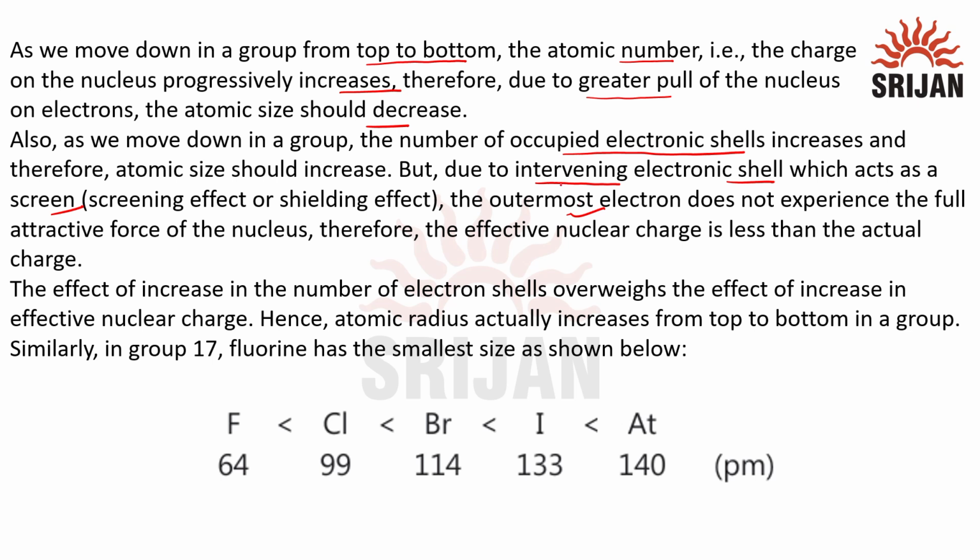Therefore, the effective nuclear charge is less than the actual charge and hence the atomic radius increases down the group. So here we can see the group 17 elements in which the first member is fluorine and the last member is astatine. So here we also see the atomic radius increases down the group due to less effective nuclear charge. So I hope this topic is now clear to you. Thank you.